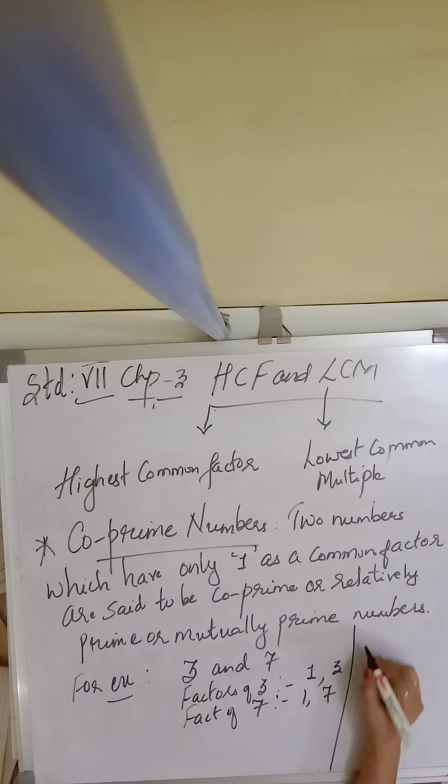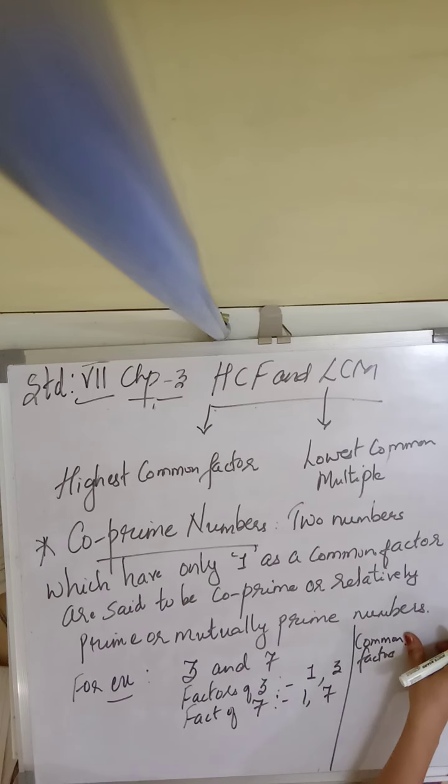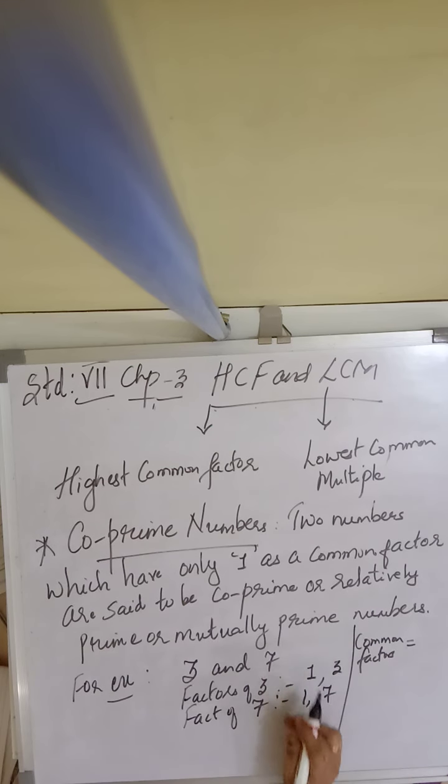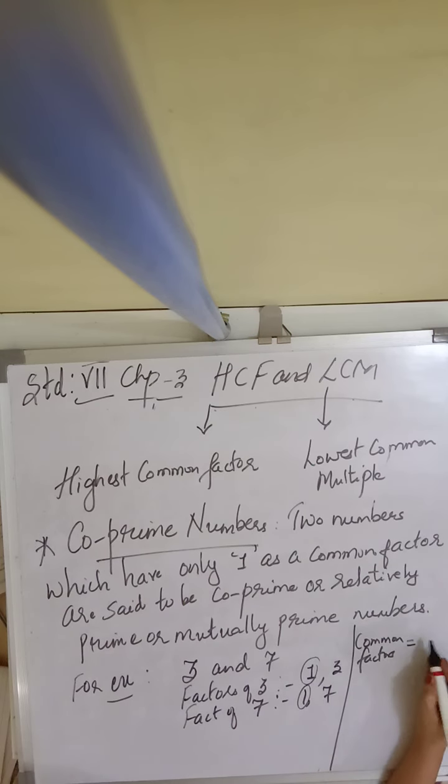Now we need to find the common factors. Which factor is common between both the numbers? That is 1. 1 is there in both the factors. Is anything else common? No, the other is not common. So here children, you can see there is only one common factor, that is 1.